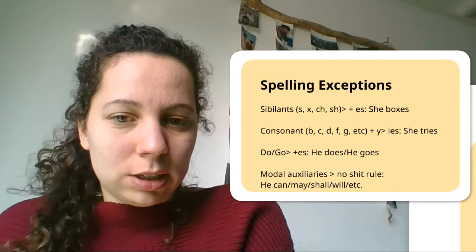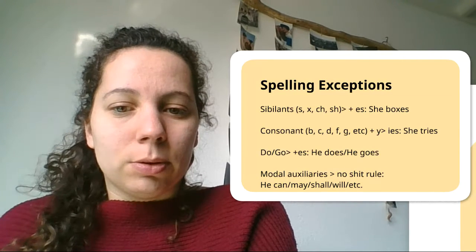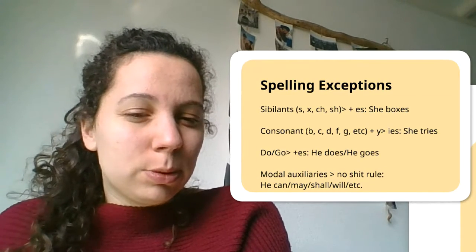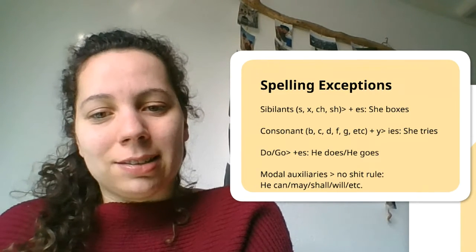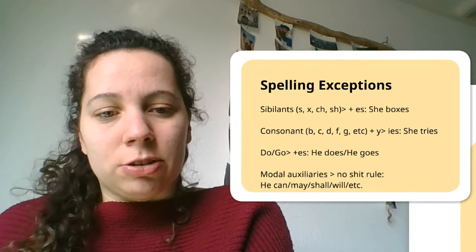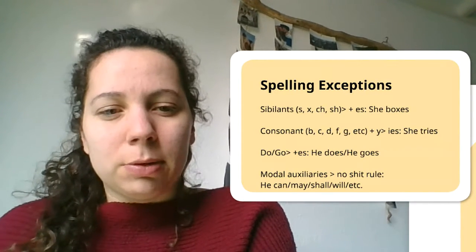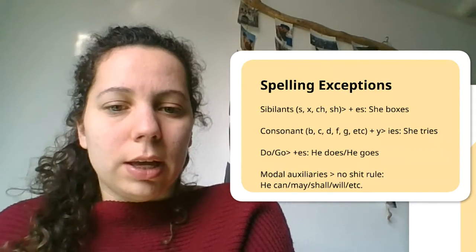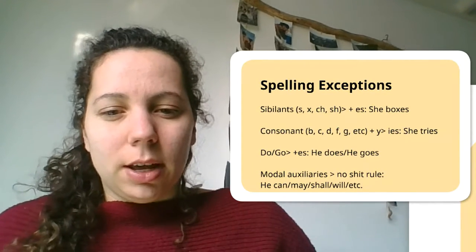They are called modal auxiliaries, modale hulpwerkwoorden. You might recognize them from the special verb explanation if you've done that one. But it's not he cans, it's he can. And he may and he shall and he will. But those, don't worry about those too much. Focus on the sibilant, the consonant, and the do-go rule. And rule number 4, it's not so important.